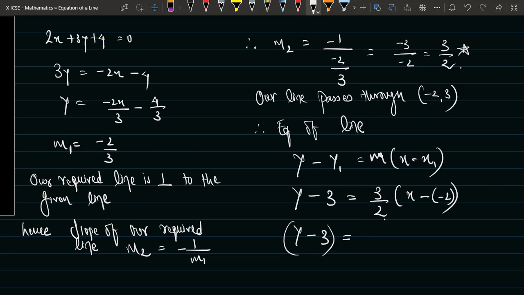Okay, so here this 2 will come this side, 3 will remain here, x plus 2. So you get 2y minus 6 is equal to 3x plus 6. Let's simplify this.